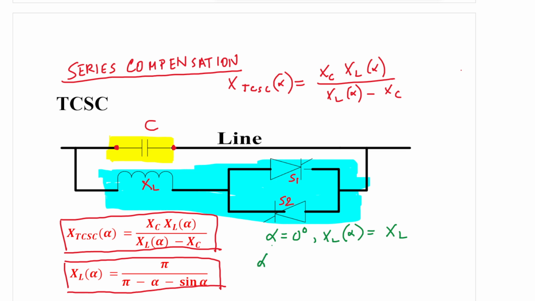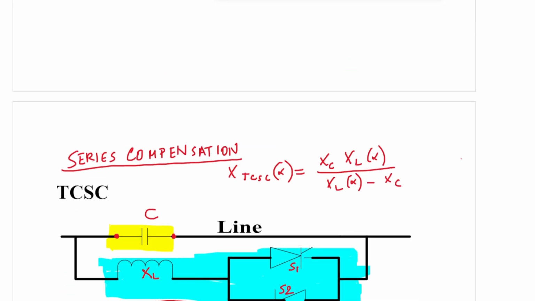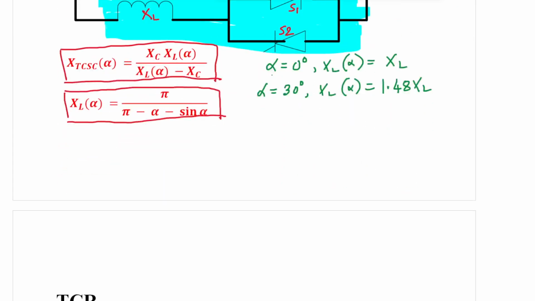Now if you increase the value, if you take alpha equal to 30 degree, then XL alpha will become 1.48 XL. So its value is increasing. If you further increase, alpha equal to 60 degree, then your XL alpha will be increased by a far greater amount, which is equal to 17.34 XL. So it keeps on increasing.